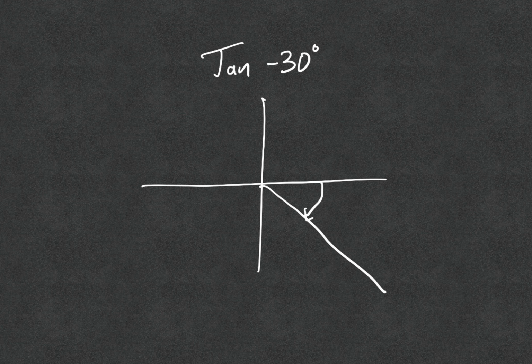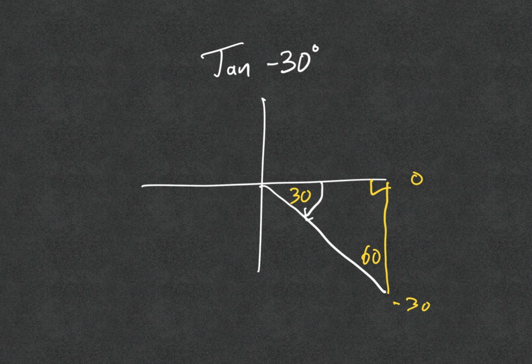There's our terminal side. Vertical line up to the x-axis. Now we have to find the measure of our reference angle, which again is right here. What's it going to be? If this is negative 30, that's 0. What's the difference? 30, yeah. So we've got a 30, a 90, and a 60.